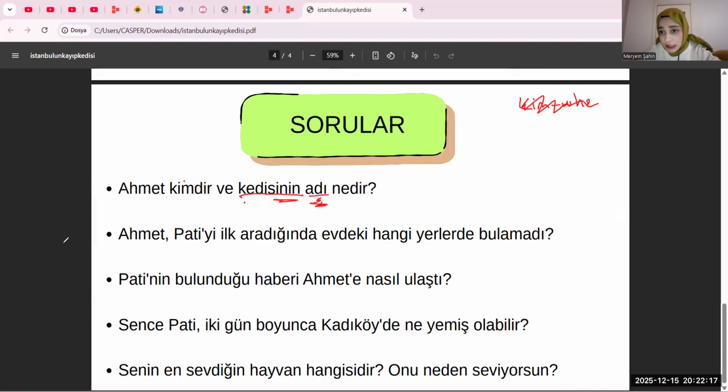Ahmet is a university student and his cat's name is Pati. Let's answer here. Ahmet üniversite öğrencisidir. Also because the same sentence was written on the first page, if you remember.